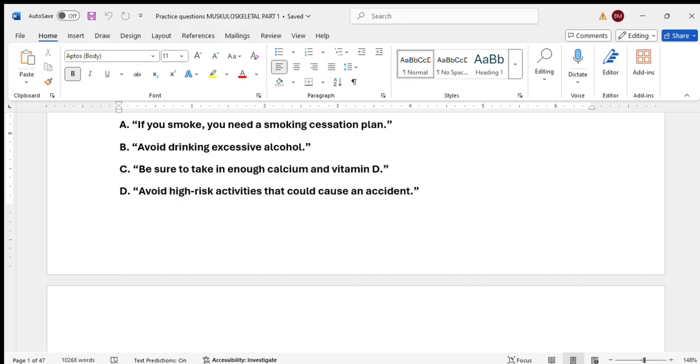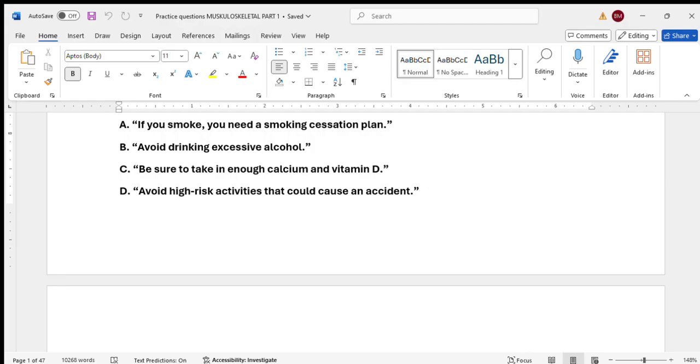Avoid drinking excessive alcohol. We know that alcohol also has an effect on your health. Be sure to take enough calcium and vitamin D, right? So I will always recommend you not only remember this mnemonic, sorry, is CDC.